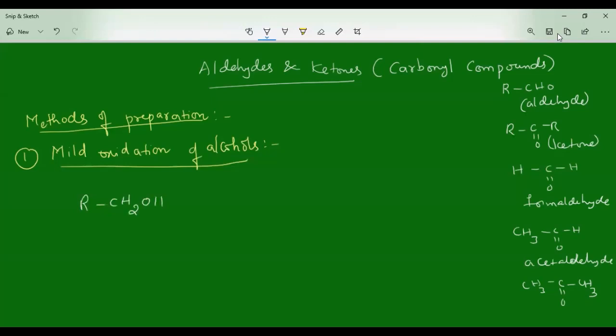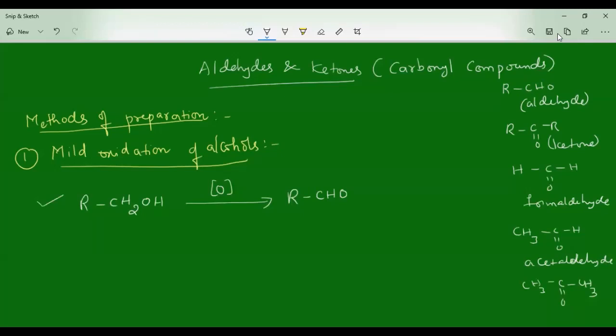These alcohols on mild oxidation give carbonyl compounds. We show an essential oxygen on the arrow mark. This RCH2OH is converted into RCHO, which is the carbonyl compound aldehyde.